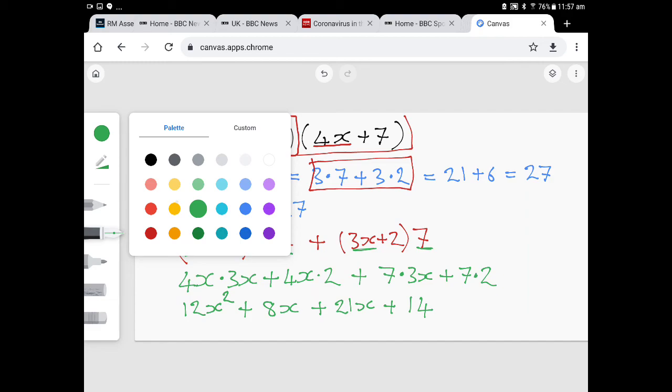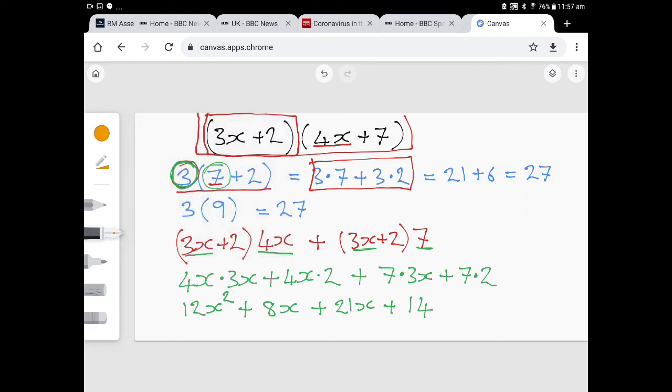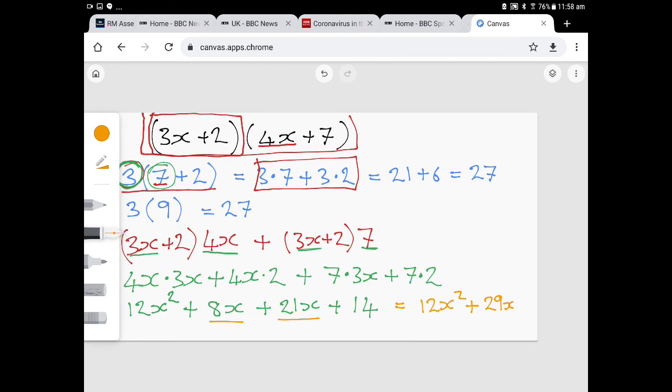Now, I've got some terms which are the same. There's 2 terms in x, so I can simplify this to give me my final result of 12x squared plus, I've got 8x and 21x, so that's 29x, plus 14.